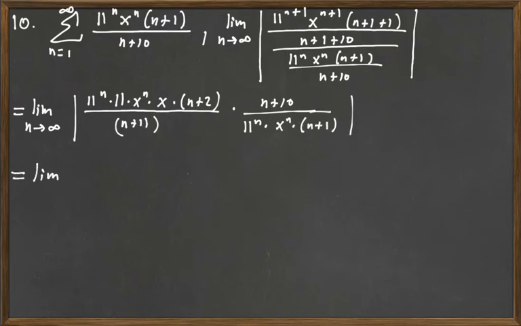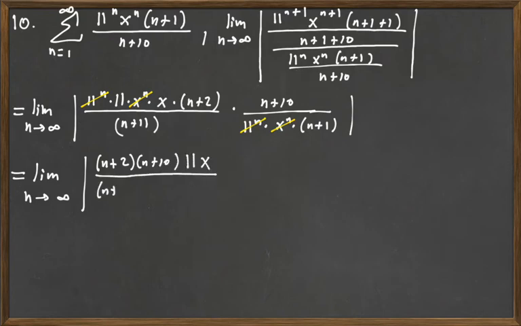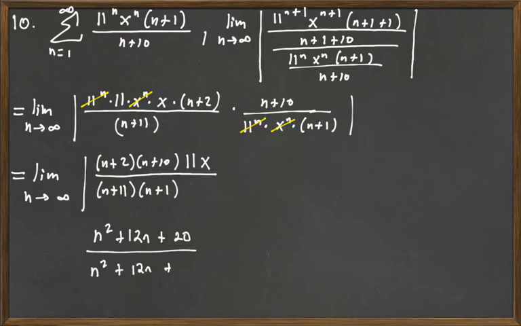Okay, so it's going to be the limit as n goes to infinity. Let's see, the 11 to the n and the x to the n's will cancel. And let's see what we've got going on. So we've got n plus 2 times n plus 10 times 11 x all over n plus 11 and n plus 1. So that's going to give you n squared plus 12n plus 20 over n squared plus 12n plus 11.